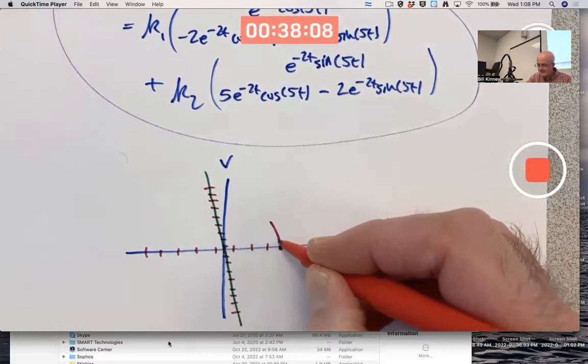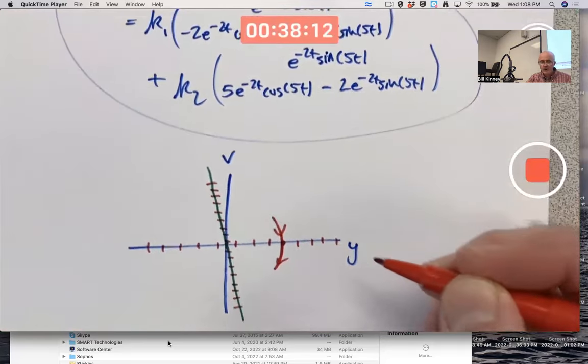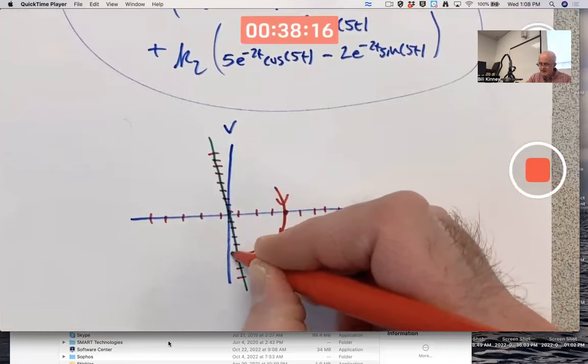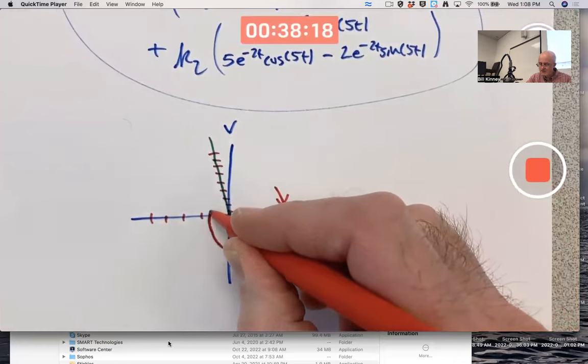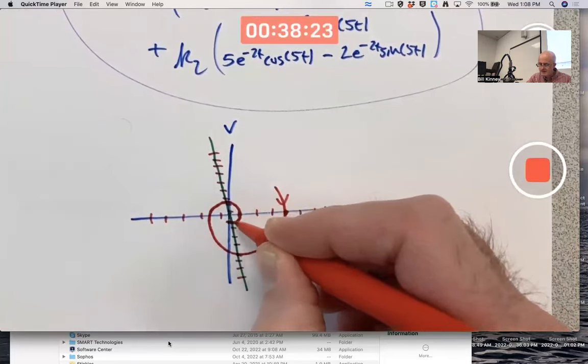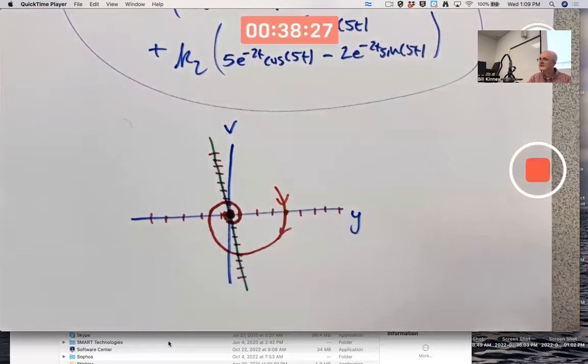Solutions have to cross this vertically, going downward. There are no straight line solutions. If you got complex eigenvalues, there are no straight line solutions. And you can see you're kind of forced to head toward the origin here if you cross these nullclines correctly. And the origin is your only equilibrium point where the distinct nullclines cross. It's called a spiral sink. Makes sense.